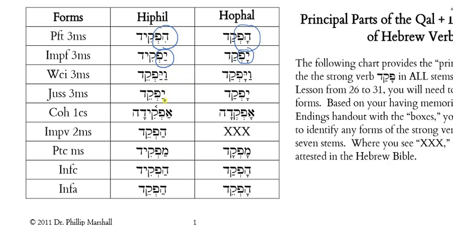Same with the Vayiqtols, jussives, and cohortatives, because they're all built off of the same system of imperfect prefixes that the imperfect conjugation is built off of. The imperative, still closing the syllable. Participle, closing the syllable. And the infinitive construct and absolute are closing the syllable. So pretty much everywhere in the Hiphil and Hophal, I have this problem. Okay? So I just wanted to show the big picture of where in our strong verb we have this problem.